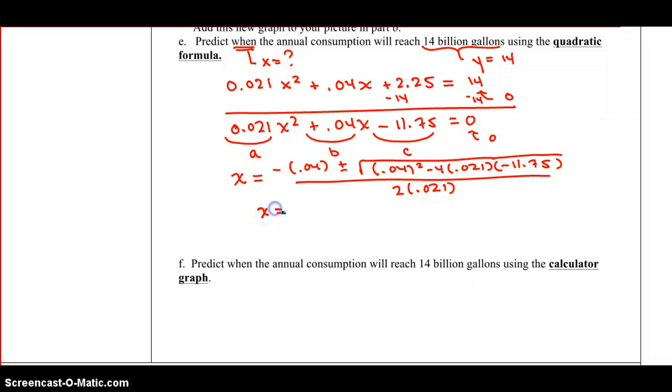But we've got our calculator to crank through some numbers here. So the opposite of 0.04 is negative 0.04. And under the radical, if we key punch this, we're going to get 0.9886. And in the bottom, if we multiply, we're going to get 0.042.